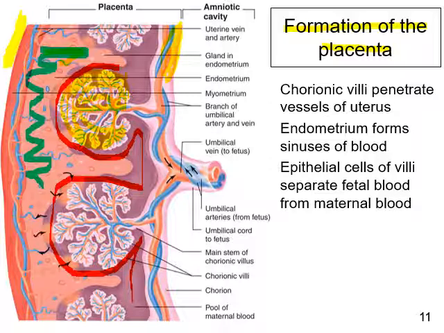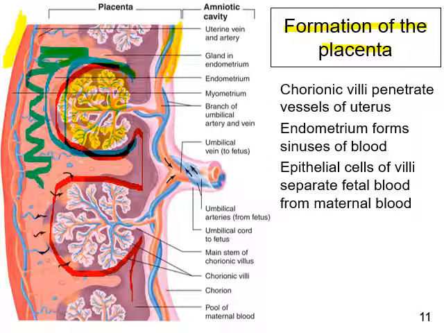And so this is the source of exchange of oxygen, glucose and other nutrients from maternal blood into fetal blood, and the exchange of fetal waste products, carbon dioxide and other waste products, into maternal blood happen at this contact here between the chorionic villi and maternal blood.